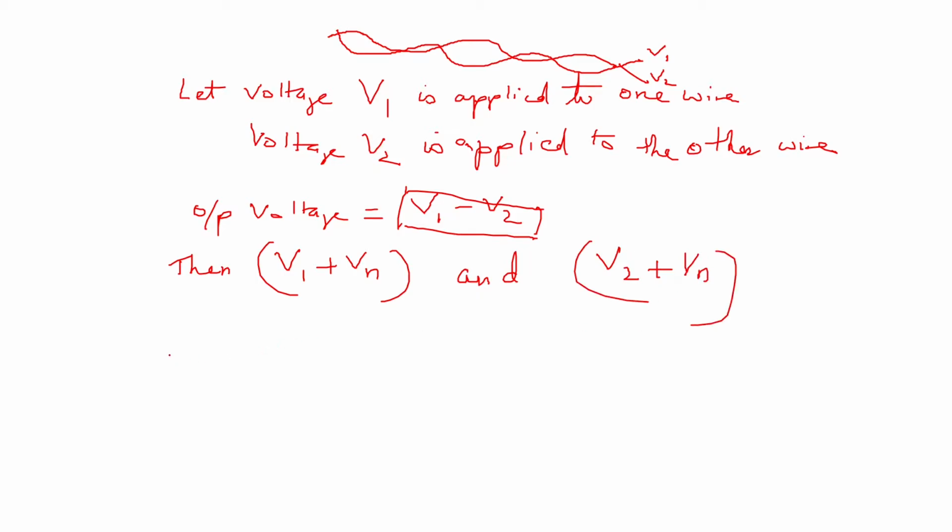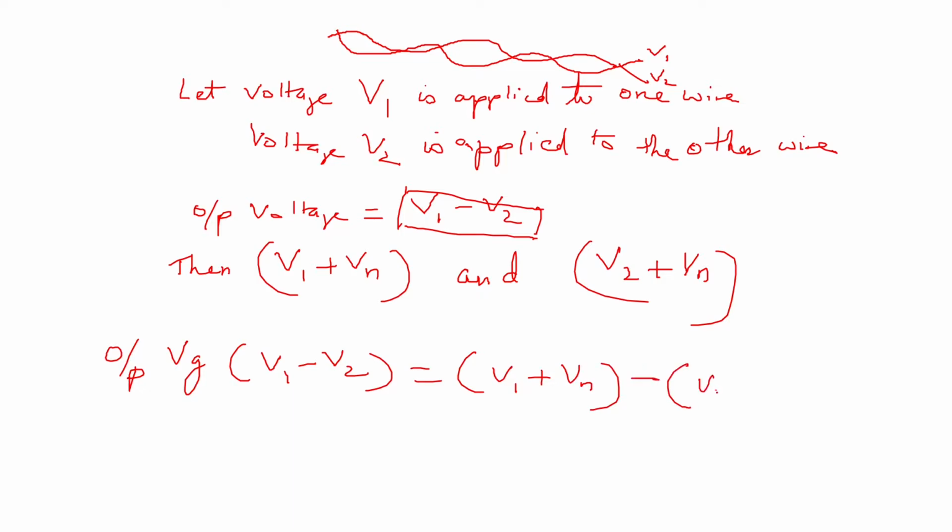Clear? Then if you take the output voltage, it will be V1 minus V2, where V1 is nothing but V1 plus Vn, minus V2 plus Vn. If you open this up, it becomes V1 plus Vn minus V2 minus Vn.